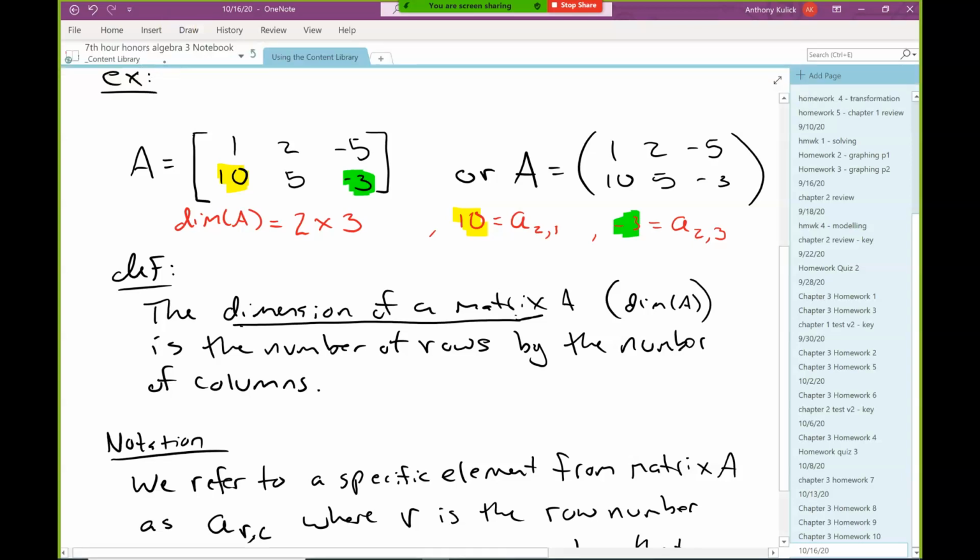So we've talked about what a matrix is. It's just this rectangular array of stuff, numbers mostly, or numbers and variables. We've talked about how to describe the shape of that array by describing the number of rows and the number of columns. We've talked about how to refer to a specific number from that array by describing its location.